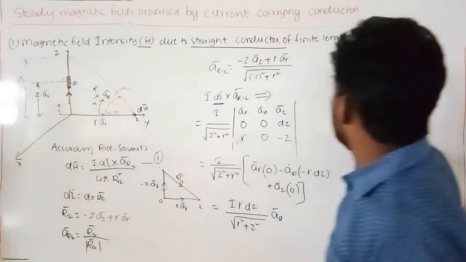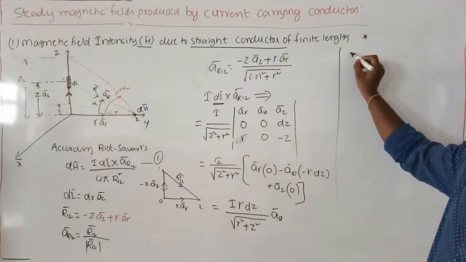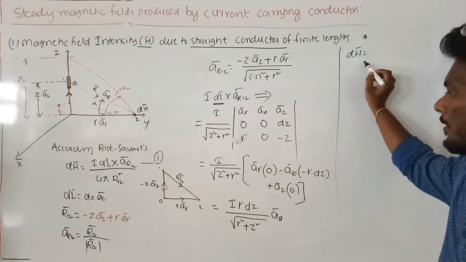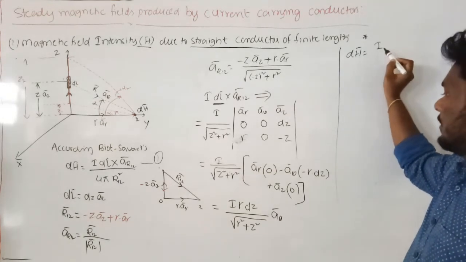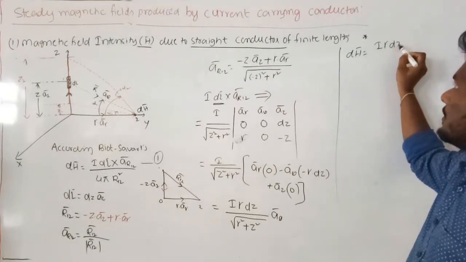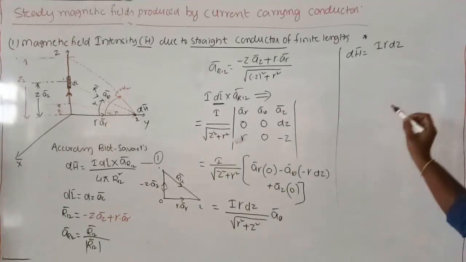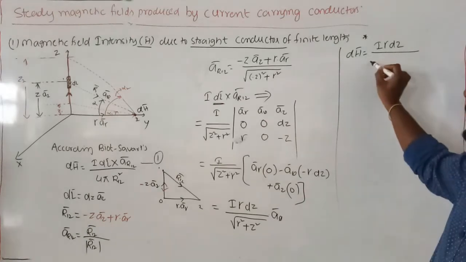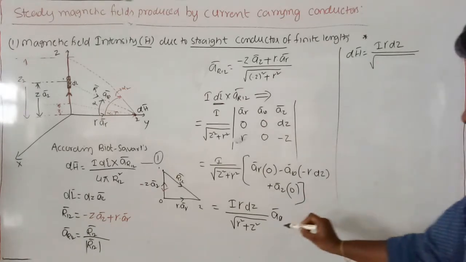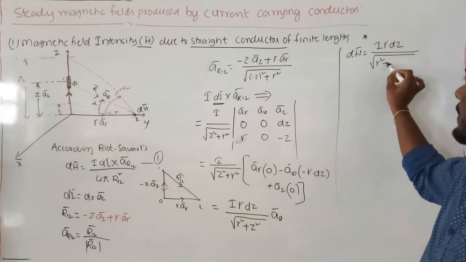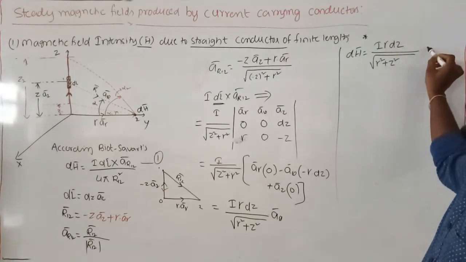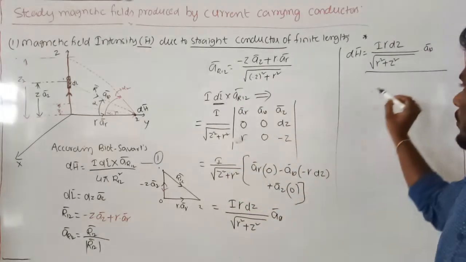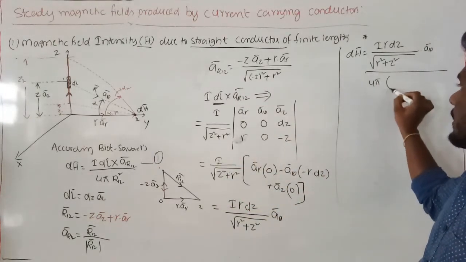This is the numerator. Now substitute this numerator in equation 1. So I r dz by under root of r square plus z square a phi bar is the numerator, whole divided by the denominator, which is 4 pi times the magnitude of r1 square.